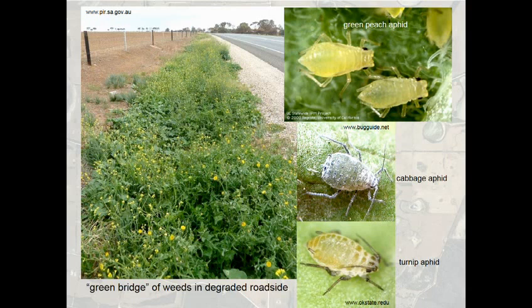Okay, so if you've got no vegetation left and you have a good year with rain, which is what most primary producers want, you end up with a situation like this, which is basically that a whole bunch of broad-leafed weeds come up that support pests. And I've shown pictures there of the three aphids that I mentioned, and they're very common in this sort of environment.